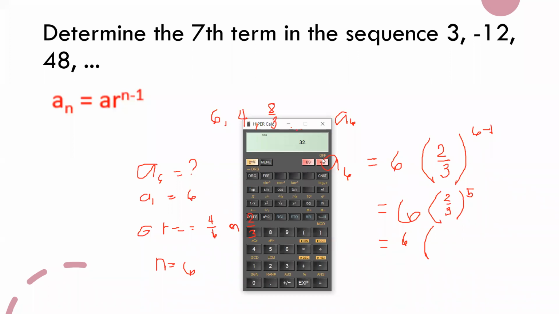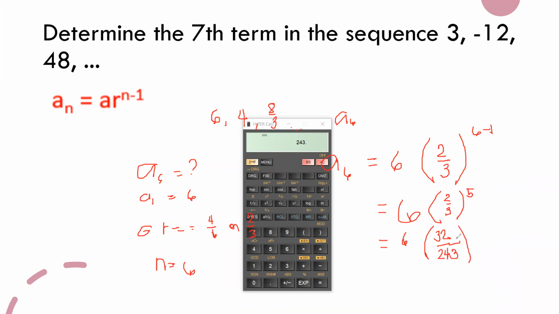Then, ang ating pong 3 raised to 5 ay 243. So that's 32 over 243. Okay? Yan.